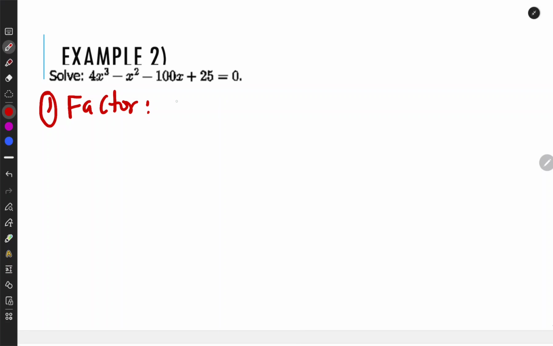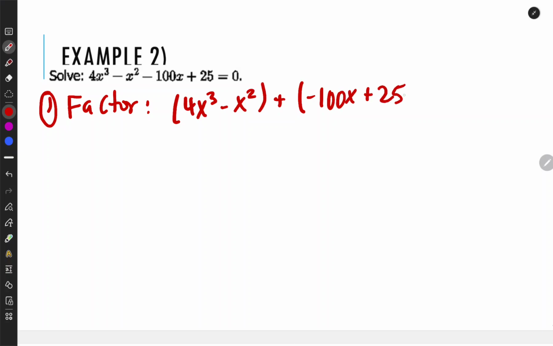Factoring this by grouping means that we're going to group 4x to the third minus x squared together, plus negative 100x plus 25. When you're factoring by grouping, you're factoring each piece to find its GCF. The GCF between these two is going to be x squared. The GCF between these two, my leading term is negative, so it's going to be negative 25.